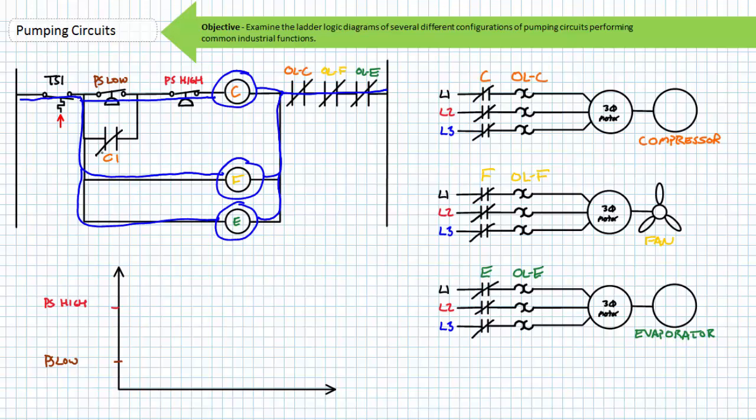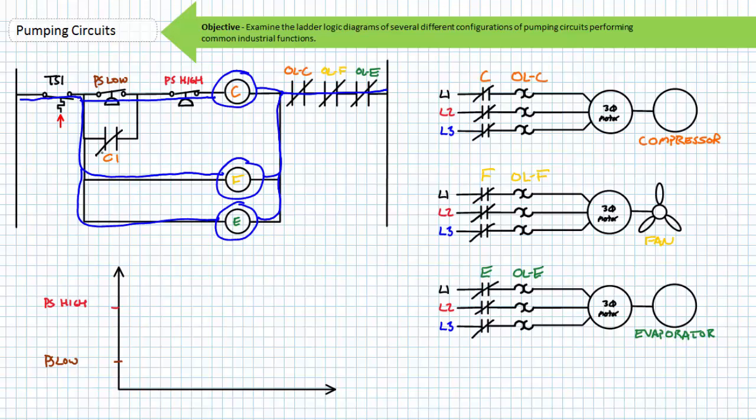The series arrangement of the 2 pressure switches in rung 1, however, basically keeps the compressor operational only between a certain range. If pressure is lower than the PS low set point, both PS low and PS high are in their deactivated normally closed state, and the compressor contactor coil C is energized.